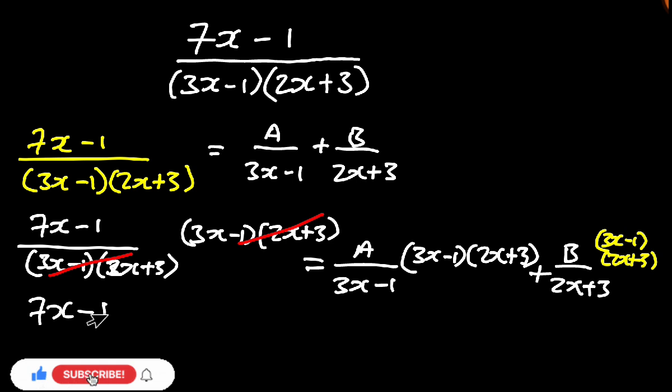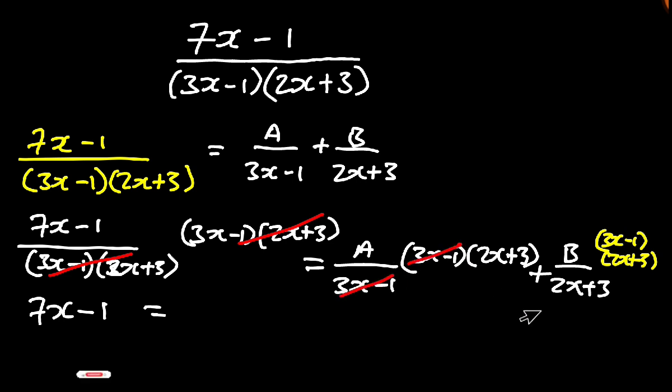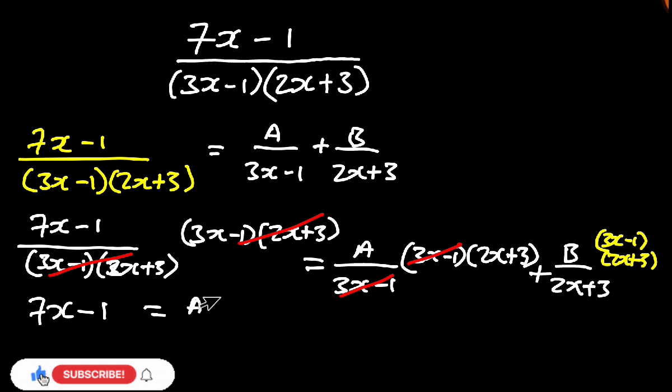We'll be left with 7x - 1 equals, at the right hand side, we cancel (3x - 1), then we have A multiplied by (2x + 3), plus B. Now we cancel the (2x + 3), and we'll be left with B multiplied by (3x - 1).